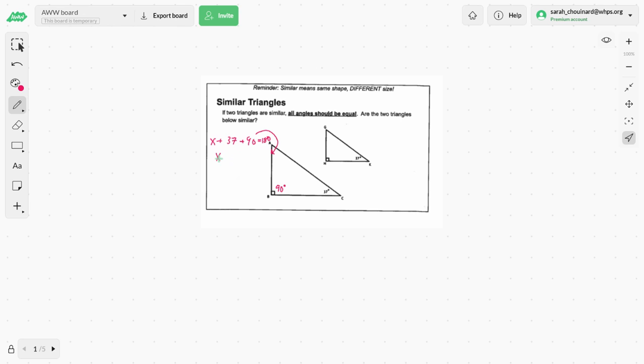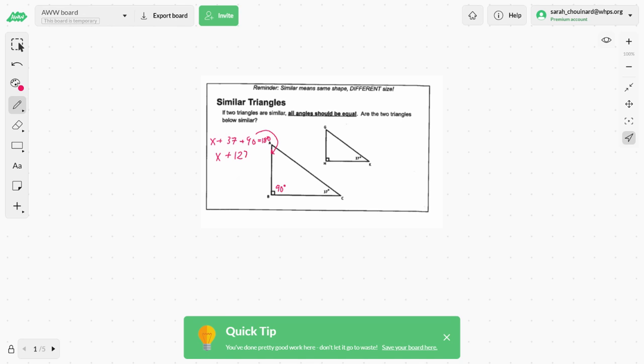If we combine like terms, x plus 127 equals 180, and if we subtract 127, x is going to be 53. So the top angle A is 53 degrees.